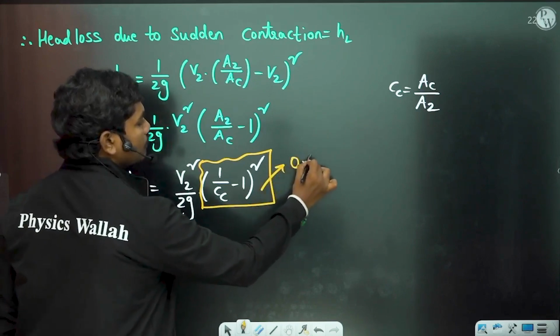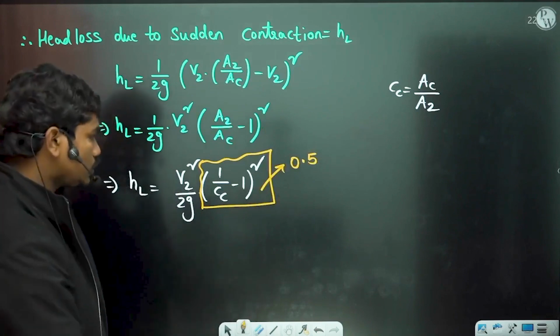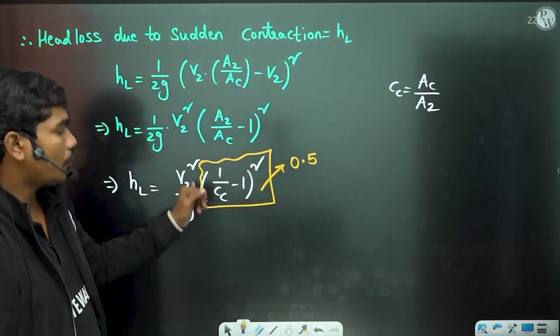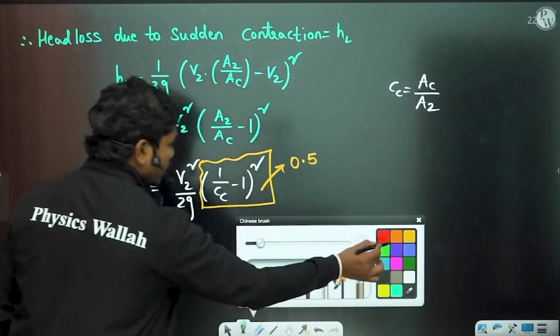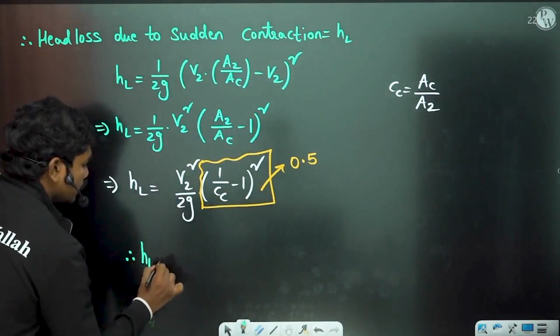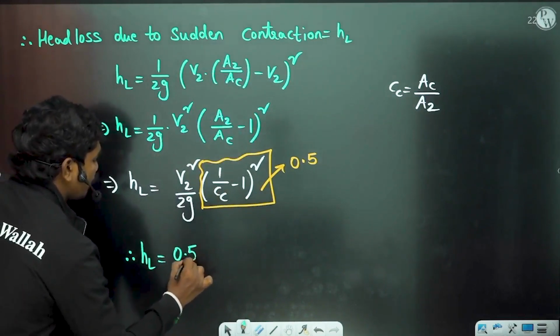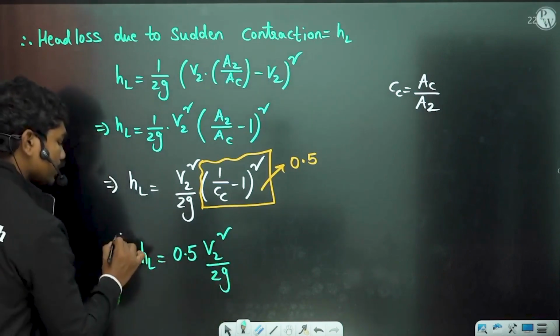On an average they have found experimentally, once you identify the loss, that this constant is 0.5. So therefore HL in this case is given by 0.5 times V2 square by 2G, where V2 is the velocity in the pipe.